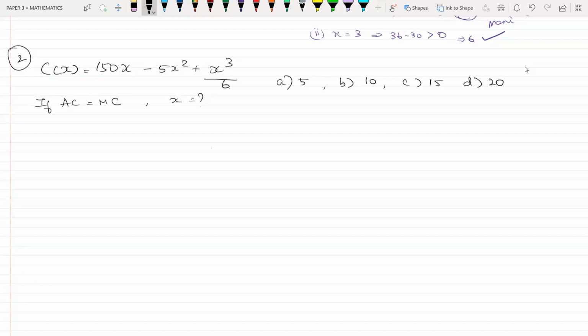They have given AC is equal to MC. What is AC? It is the cost function divided by x, and MC is equal to the derivative of the cost function. Is it right? Okay. What is the cost? 150x minus 5x² plus x³ by 6, whole divided by x.